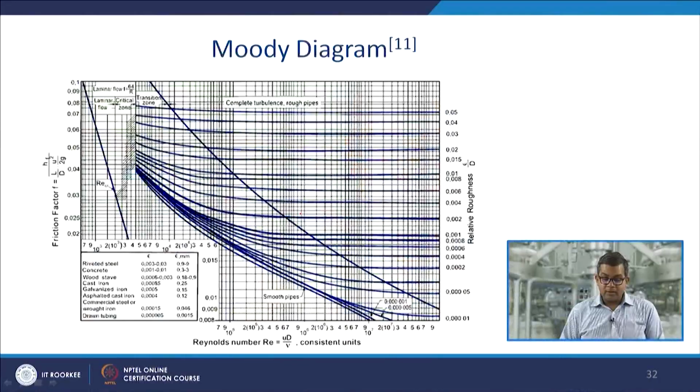Now here is the Moody diagram, which tells you about a depiction of relative roughness epsilon by D with respect to the Reynolds number, that is Re equal to D U rho upon mu, with the friction factor F. So you can find out, based on your material in question, the friction factor either with the help of the Reynolds number and relative roughness, with the different zones like laminar, critical zone, and transition zone.